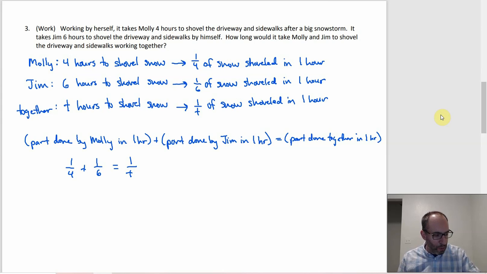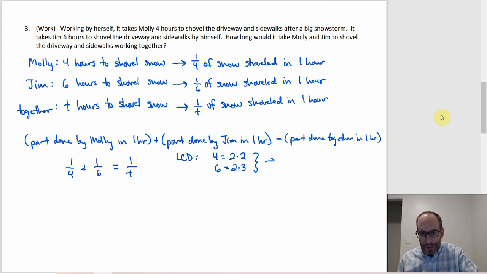Okay, well, we could get the least common denominator here, right? So our denominators, so if we're going to get that, let's see. So 4 is 2 times 2, right? And then 6 is 2 times 3. And then I guess t is just t, right?